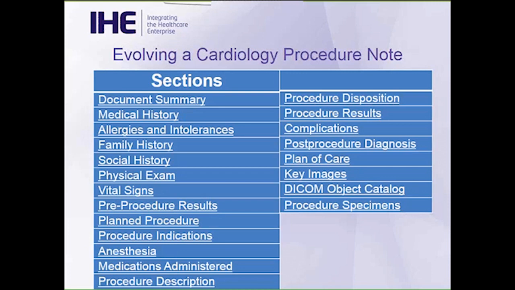And we can cover everything for CAF PCI, structured heart reporting, TAVR, et cetera, and EP-CIE, all in the same procedure note. So from a vendor perspective, it makes it tremendously easier to adopt profiles. You're not having to comply with multiple ones. We're going to have very specific, here is the whole generic procedure note profile. So these are our sections. So next slide.